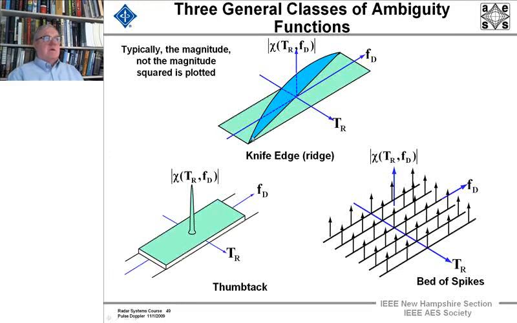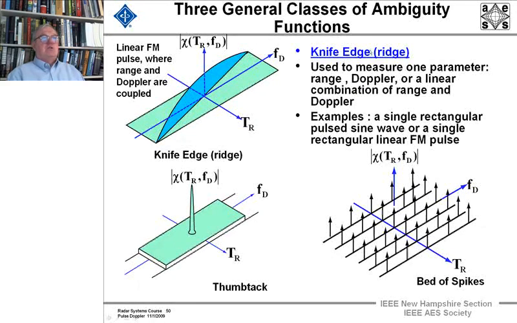Here we have a ridge that's pretty sharp, and it can be at an angle to the Doppler axis and the range axis. In the case of a frequency modulated pulse, that's the case. And also what we call a bed of spikes, where energy is contained within each of these spikes, various amounts. Now these spikes aren't delta functions. They have various amplitudes, and range pulse burst waveforms fall in this category.